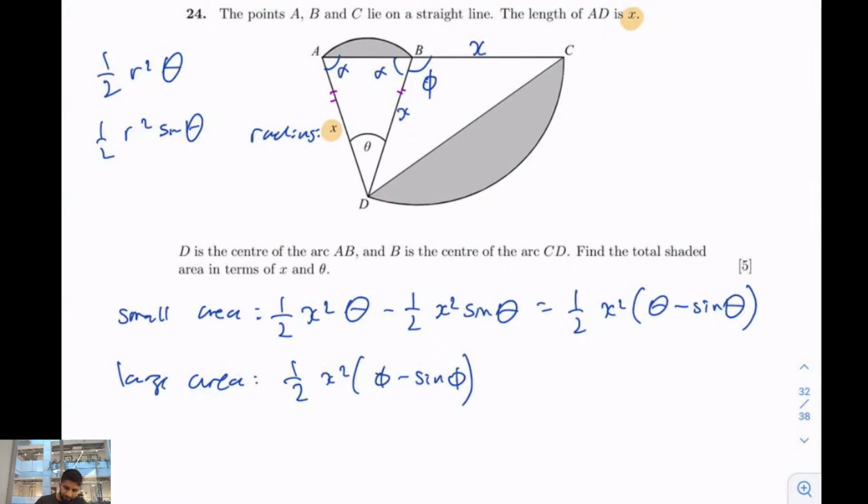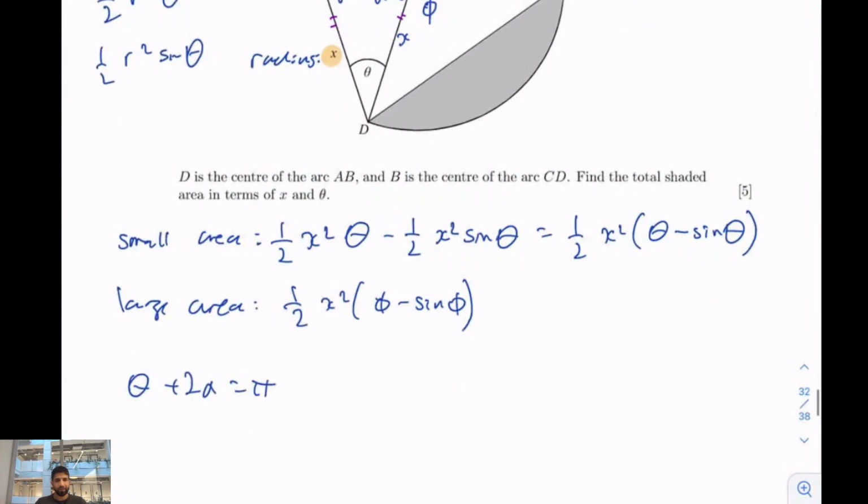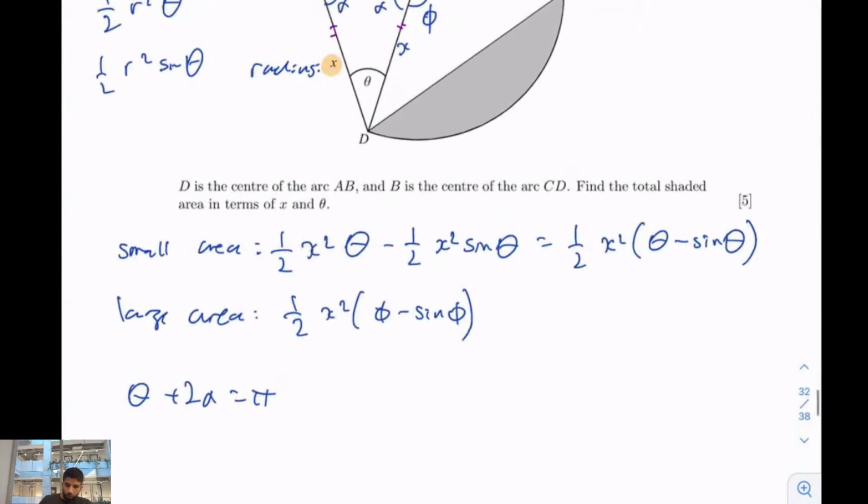Because now we can see they're in a triangle that links alpha and theta together. So we have got theta plus 2 alpha equals pi. They add up to 180 degrees. And on this side, we can link alpha and phi because they add up to 180 as well.